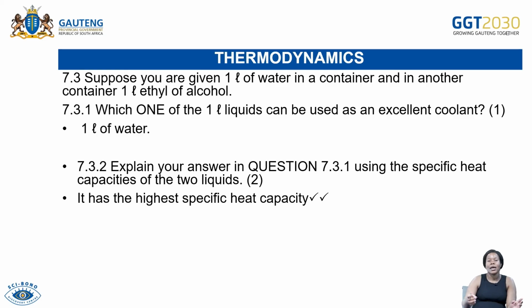Because the one that has the highest specific heat capacity is the one that is an excellent coolant. Between those two, that is water. So you had to mention that because of its higher specific heat capacity, it is an excellent coolant.